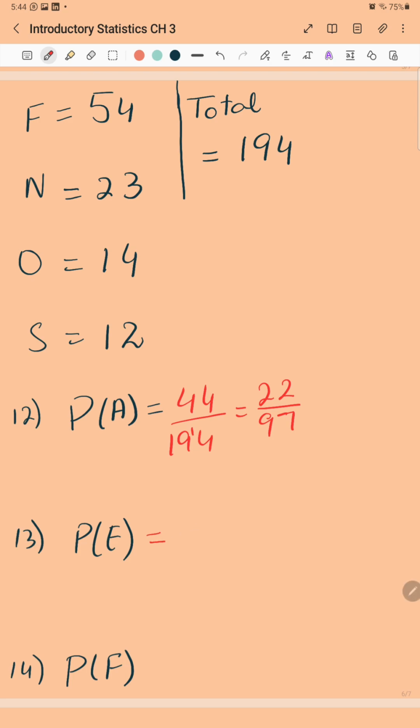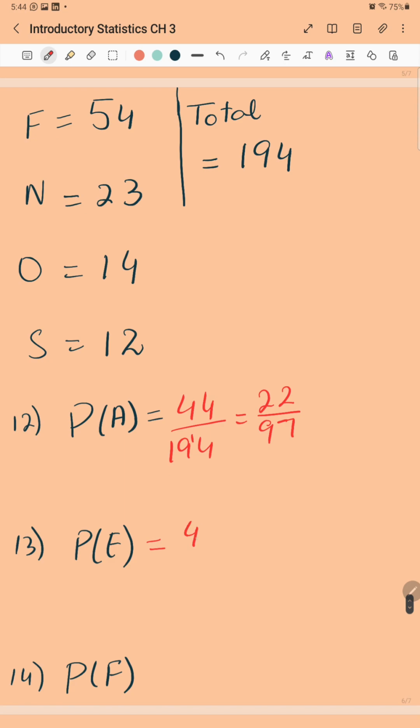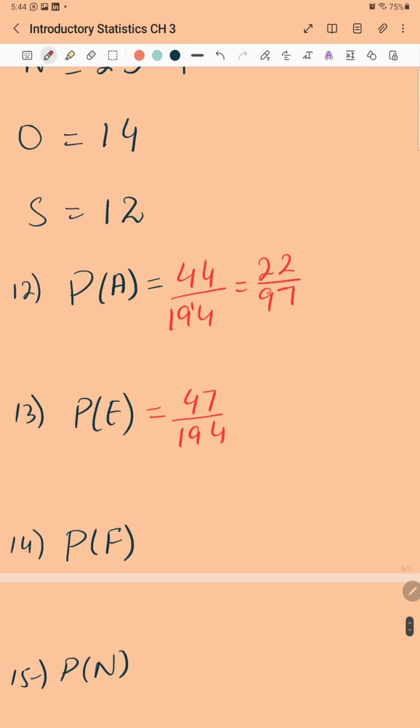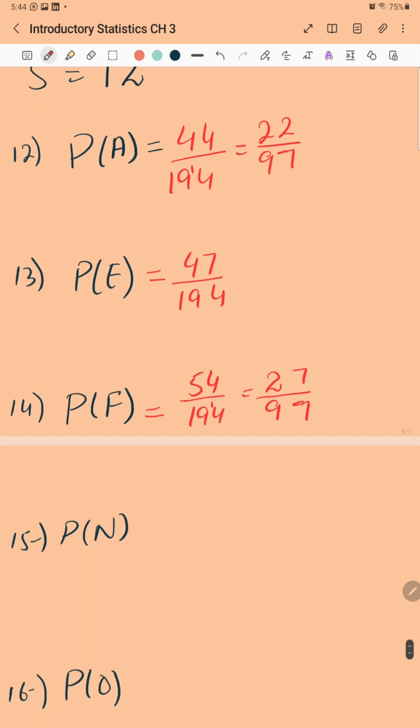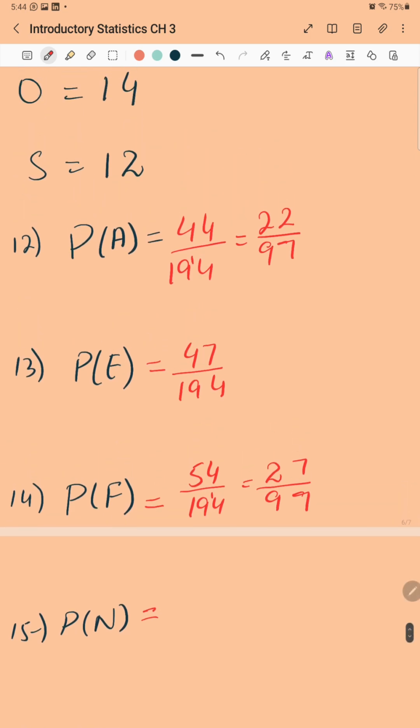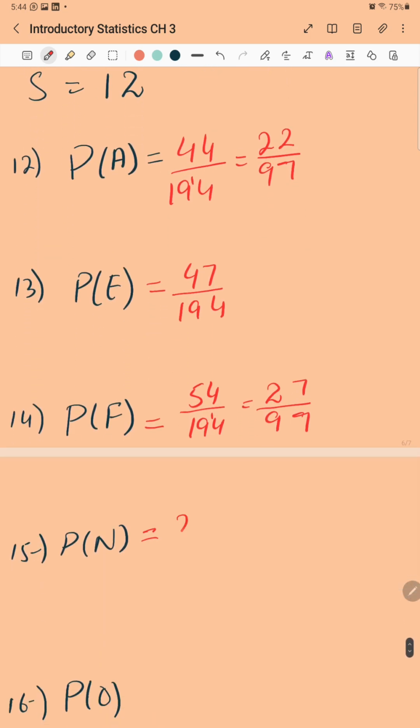E, 47 over 194. F, 54 over 194, which is equal to 2. N, 23 over 194.